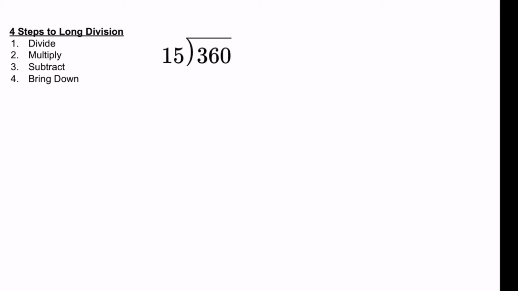So this time we're going to do 15 into 360. And it doesn't matter how big the number is. They always need to do the steps of multiplying 15, or whatever your divisor is, times 1 all the way to times 9. So this might be time consuming, and it's okay because they're learning.